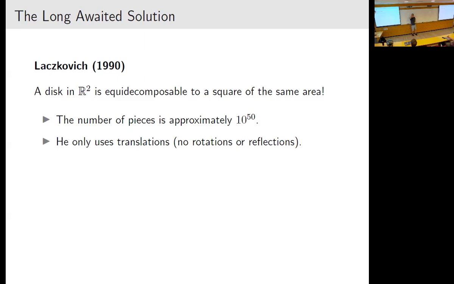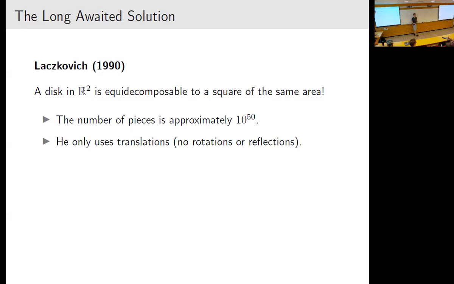One somewhat miraculous thing is that in equidecomposition, you're allowed to use any isometry, so you could translate and rotate the pieces to make them look the same shape. But he can do it using just translations. So basically you partition the disk, slide the pieces one at a time, do this 10 to the 50 times, and then it makes a partition of the square.